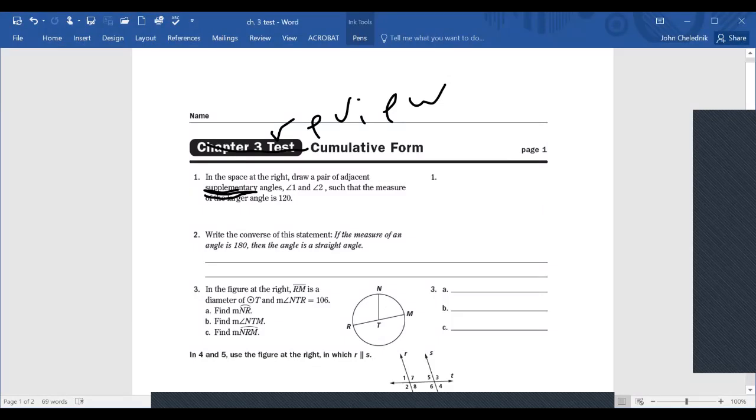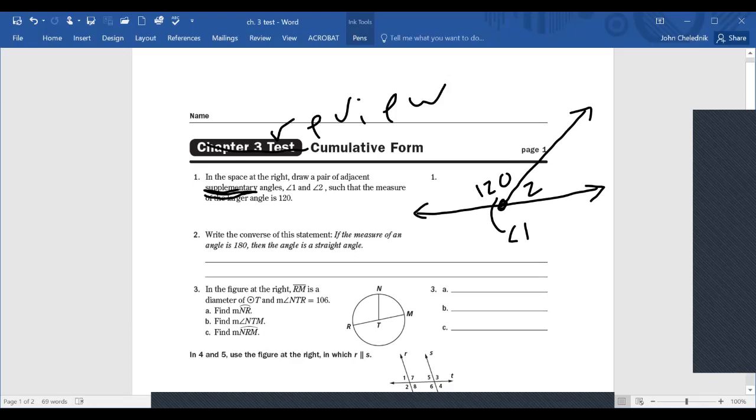They need to be supplementary, which means that together they form a 180-degree angle, which is a straight line, okay? And they're adjacent, which means they're connected. They're right next to each other. And the larger angle is 120. So this is angle 1, and this is angle 2 right there, okay?